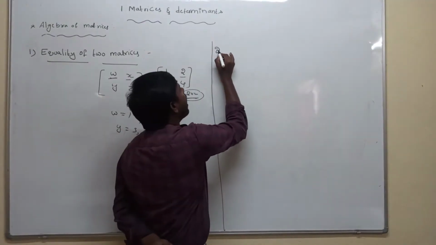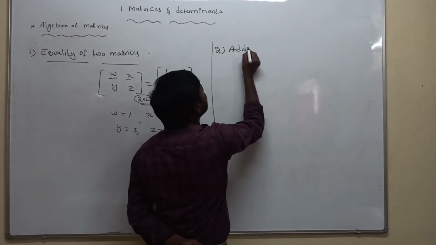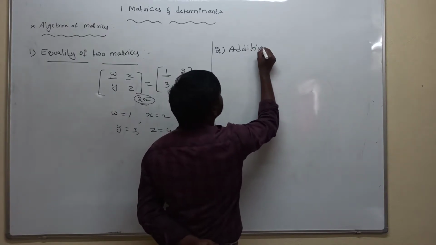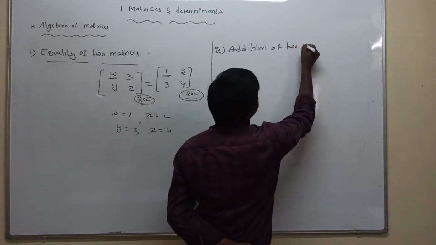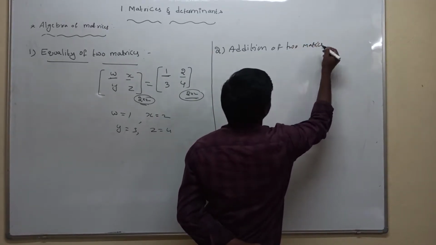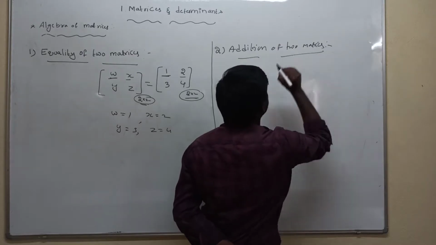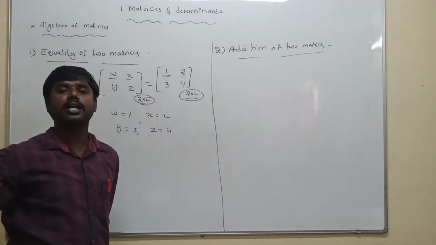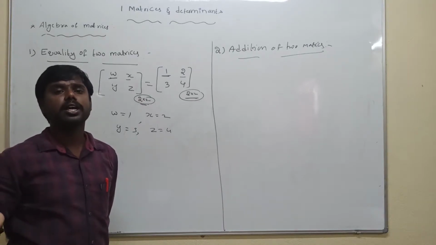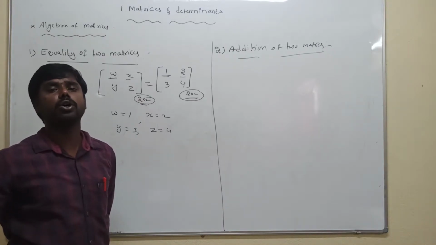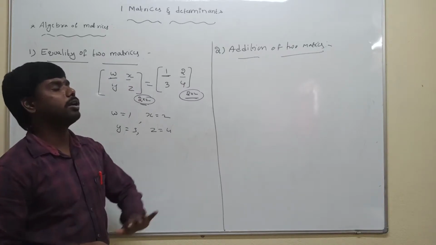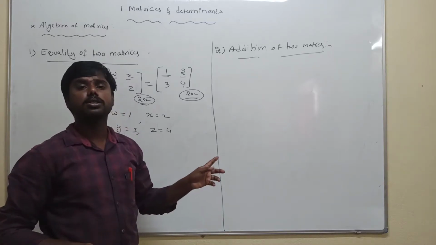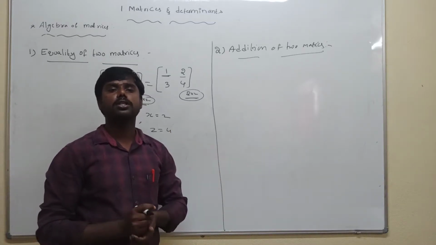The second topic is addition of two matrices or subtraction of two matrices. Both have the same definition. If matrix A and matrix B have the same order, then the sum A plus B also has the same order.